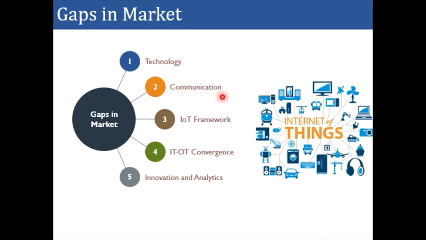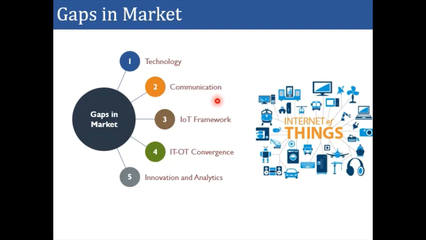Communication is another challenge because IoT devices are built on various communication platforms. So when the communication technology changes, the IoT device also has to be reconfigured and made compatible with the new communication technology.